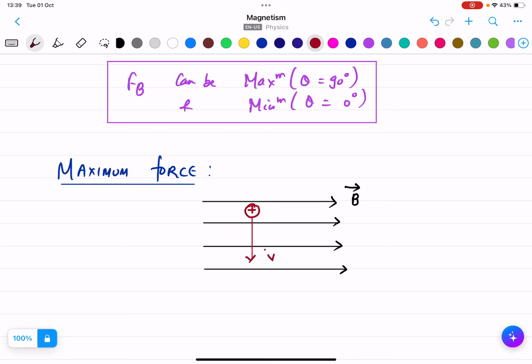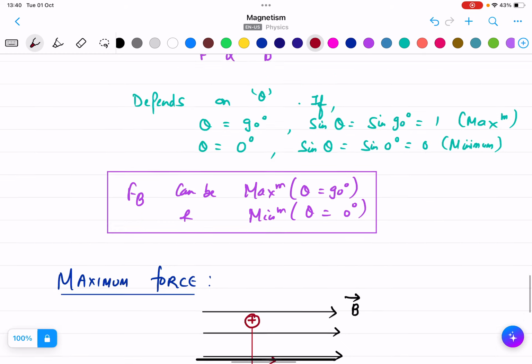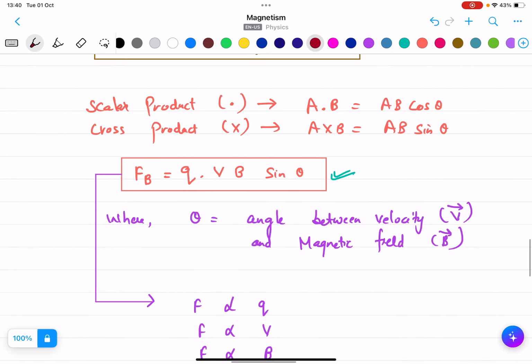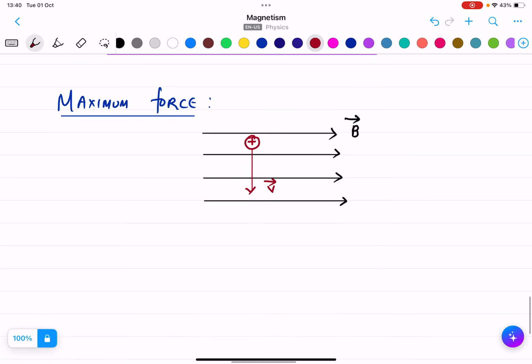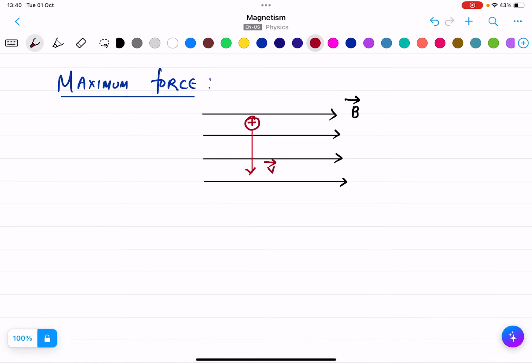Let us say the velocity V. Now, can you tell me what is the theta? Theta is the angle between velocity and the magnetic field. So, look here. Magnetic field is in this direction and velocity is in this direction. Okay, what angle is it making? 90 degrees. This is B and this is V. So, they are making a 90 degree angle.